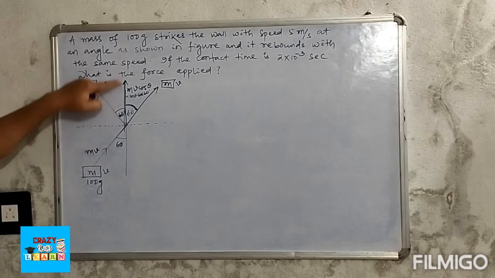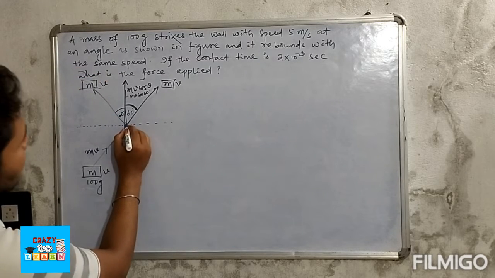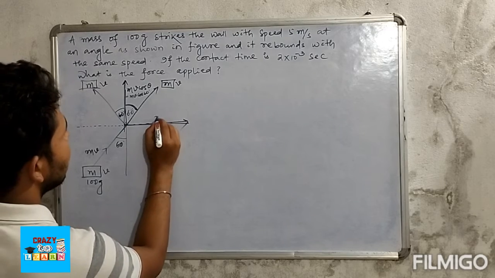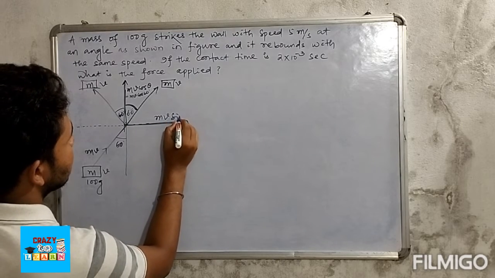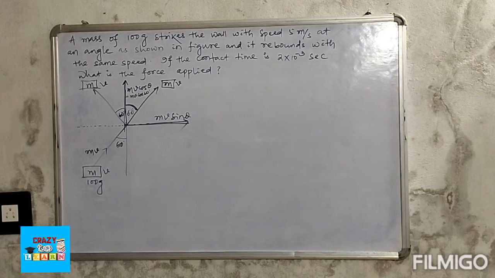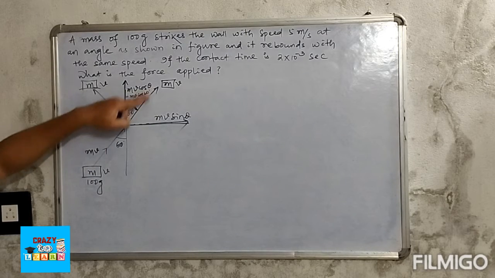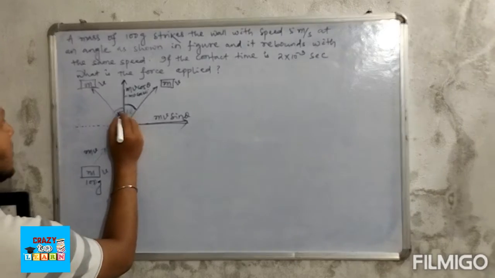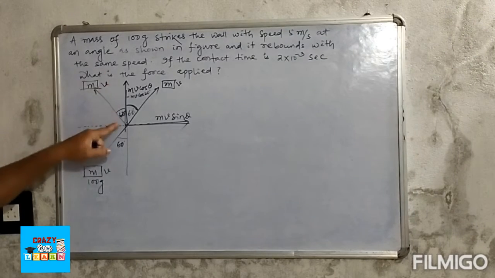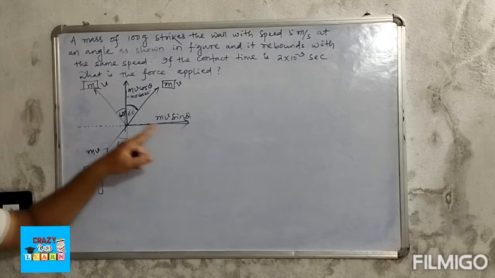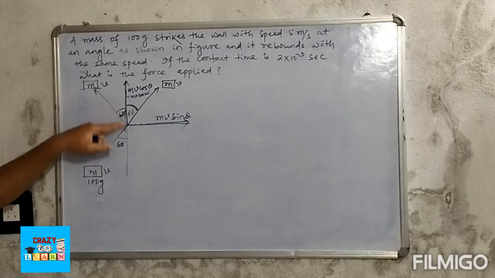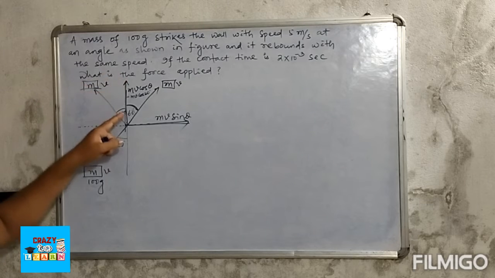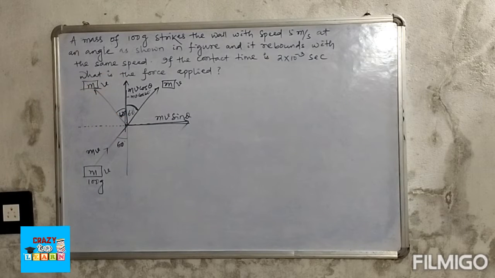The other component along this direction is mv sin theta. Clear? This vector mv is resolved into two vectors. As this vector makes angle 60 with this component, we take this component as mv cos theta and the opposite is mv sin theta.